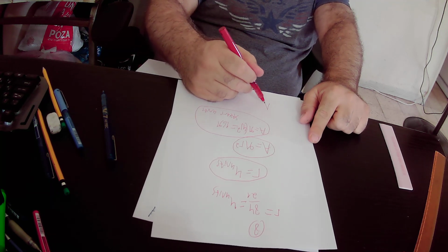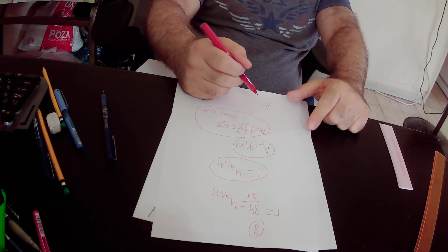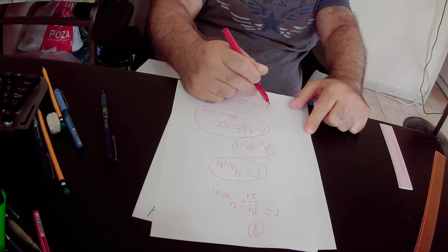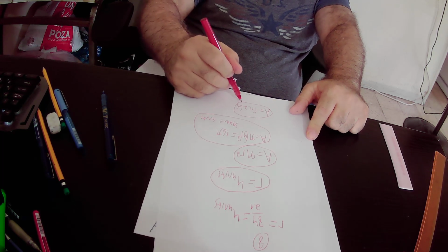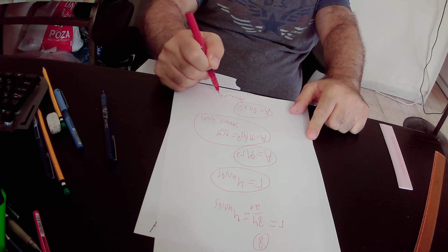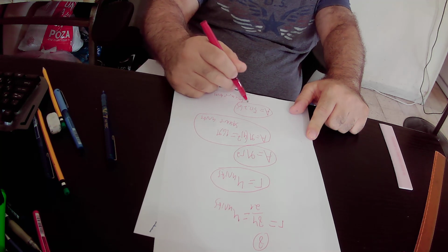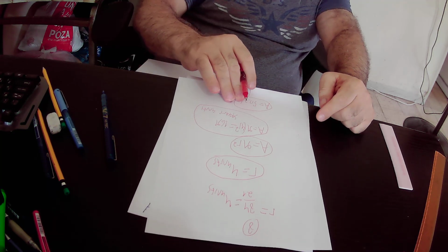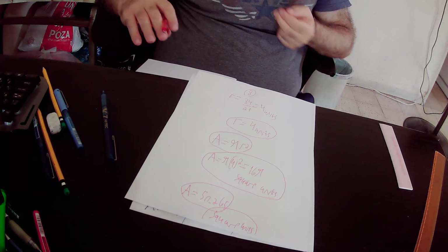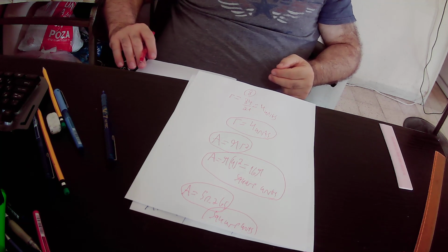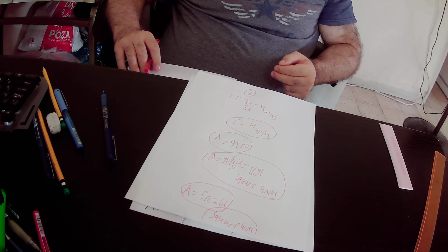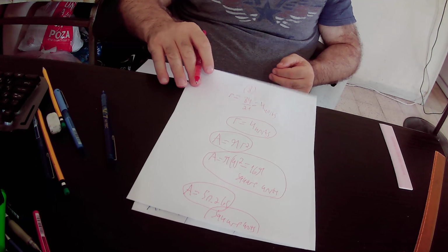Or in terms of numbers, the area of the green circle equals 50.265 square units. I will repeat again, the area of the green circle equals either 16 pi square units, or in terms of numbers, 50.265 square units.